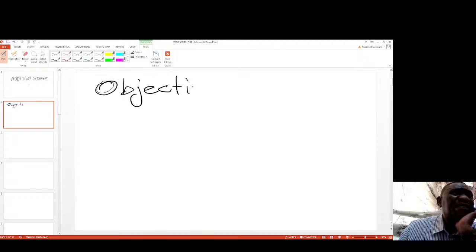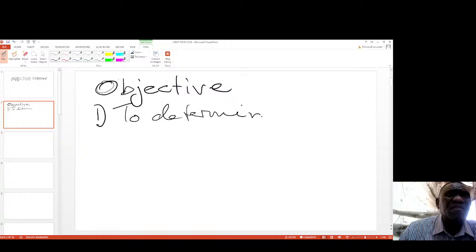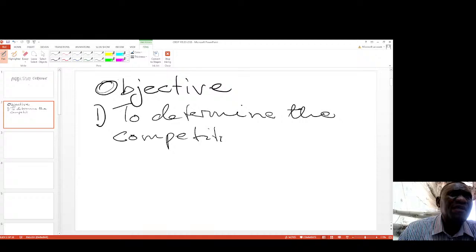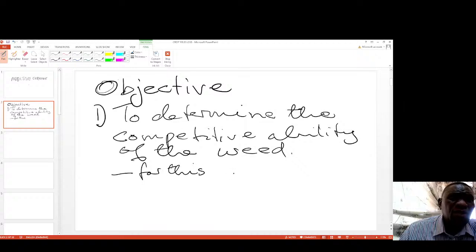So the objective number one, we want to determine the competitive ability of the weed. For this, we need two parameters.